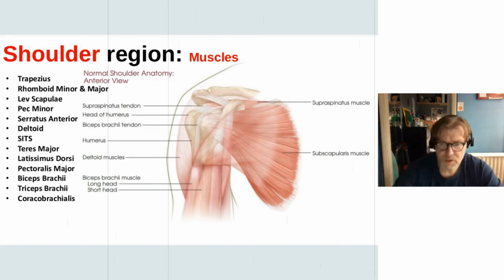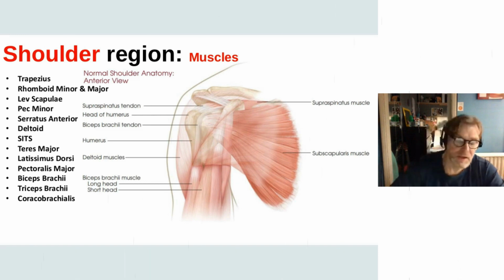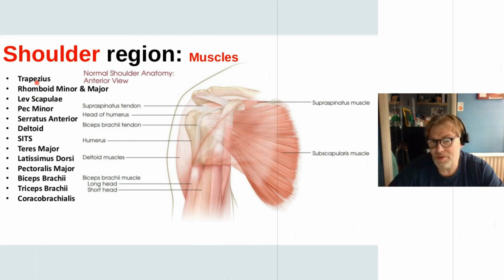Muscles of the shoulder. So obviously, in simple terms, you could lump these into the girdle movement muscles and the glenohumeral muscles. You've been encouraged to learn all of these previously, and this means that you have to keep knowing them and using your knowledge of them. So you know that trapezius is a large superficial muscle, kite-shaped on the posterior aspect of the neck and back.